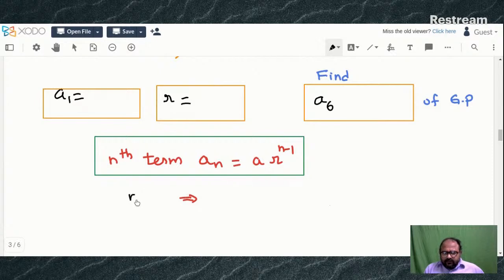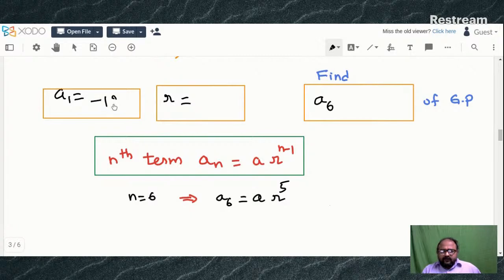So n equal to 6 implies A6 equal to A R to the power of 5. The first term, A1 is given in the problem, it is minus 12.